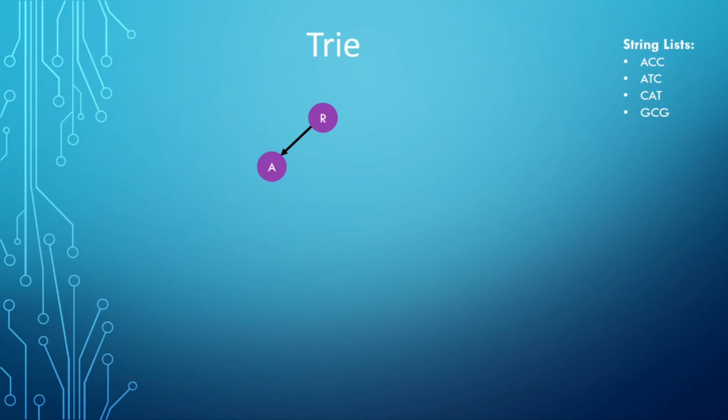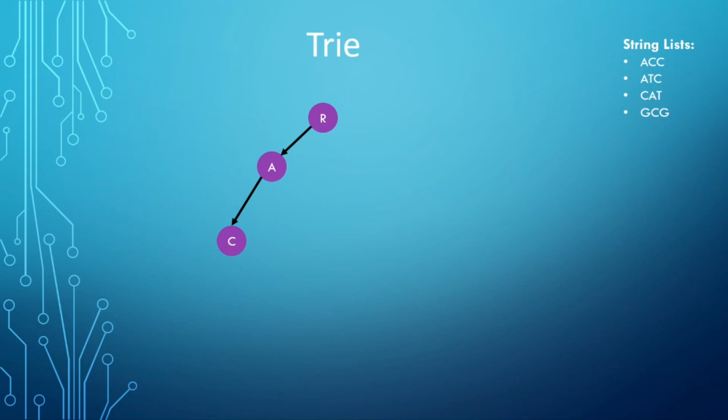As R is our current node, we came here. Now R will search, does it have any child? No. So we make another state which is C. Now C is our current node, also a child of R. R will search, does it have any child?